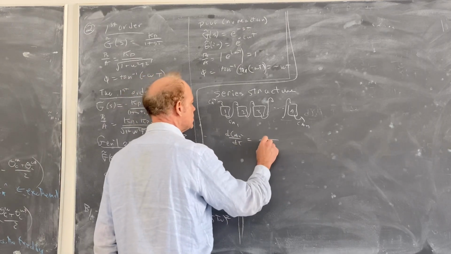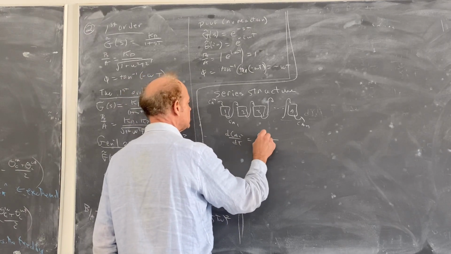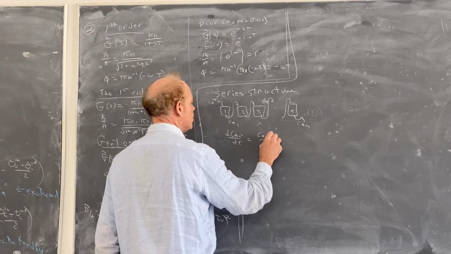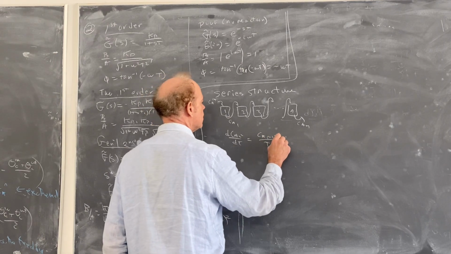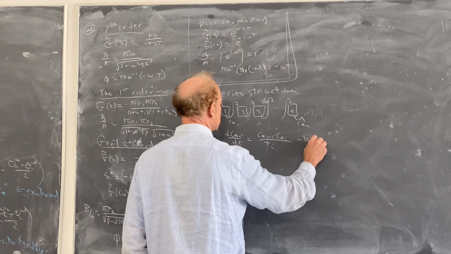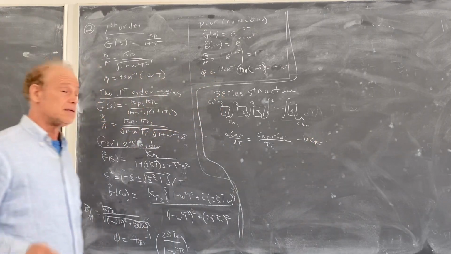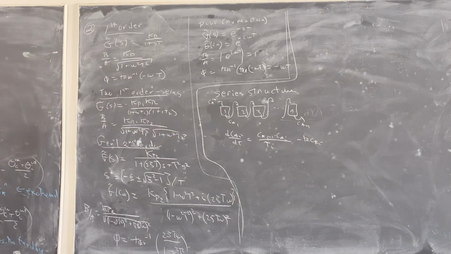CAI minus 1 minus CAI minus k CAI. So that was the general form.